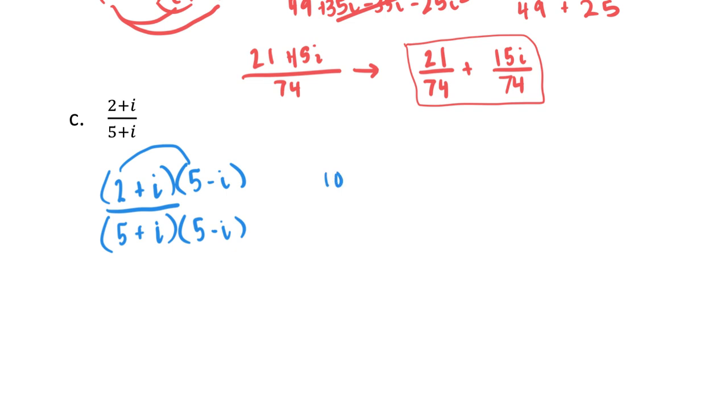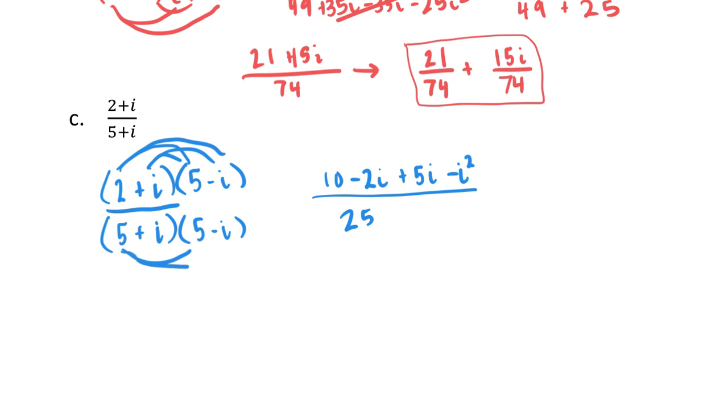That's 10 minus 2i plus 5i minus i squared, all over 25 minus 5i plus 5i, those cancel out, minus i squared.